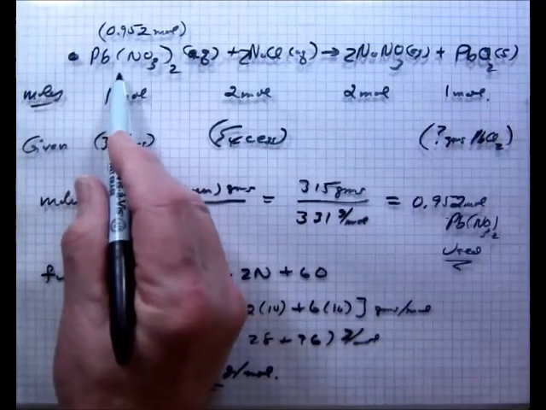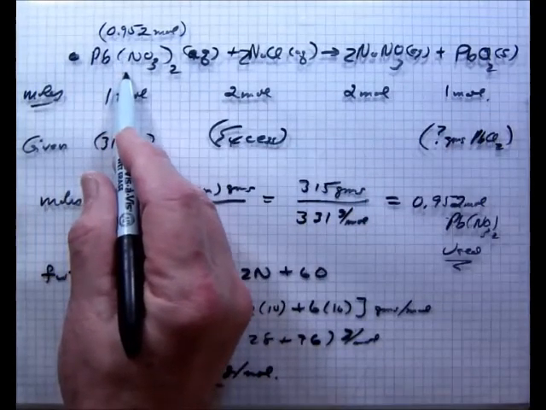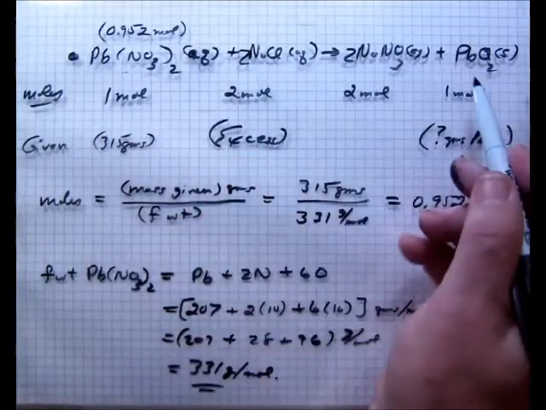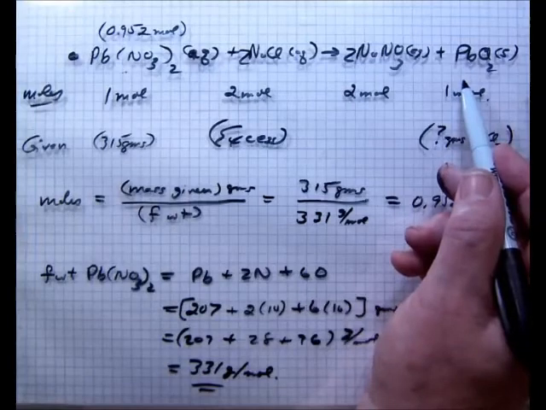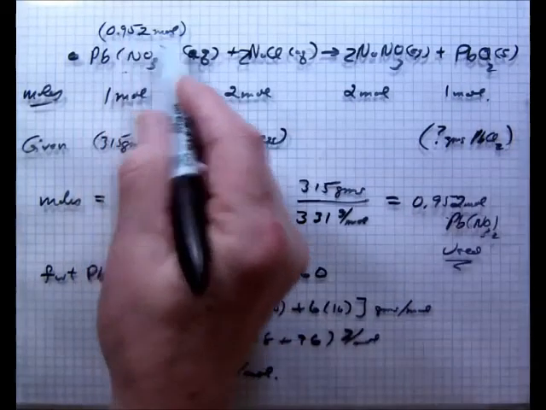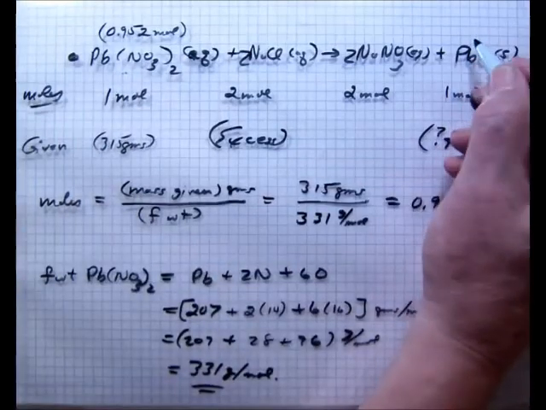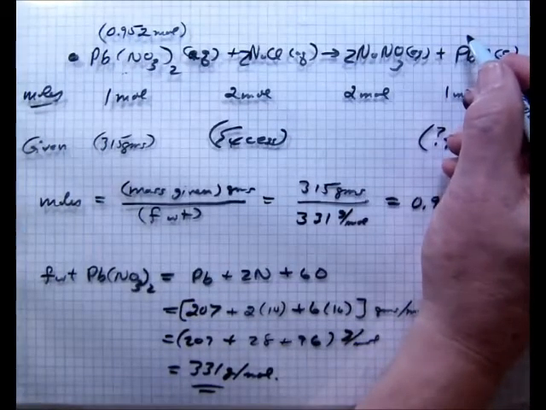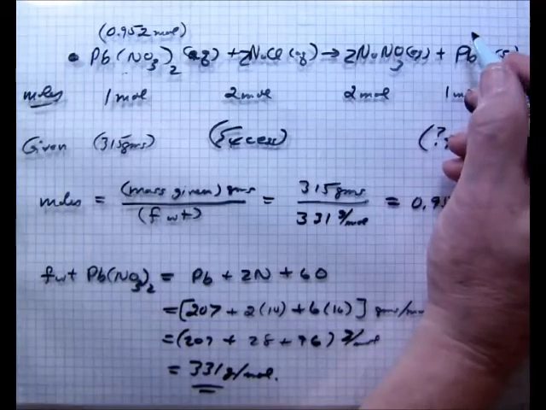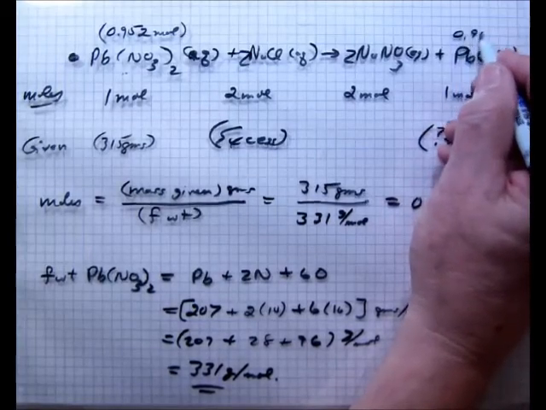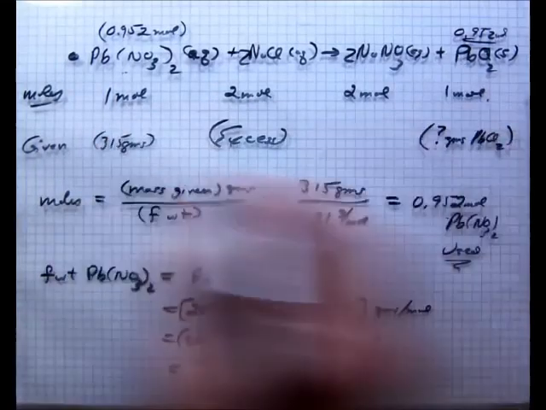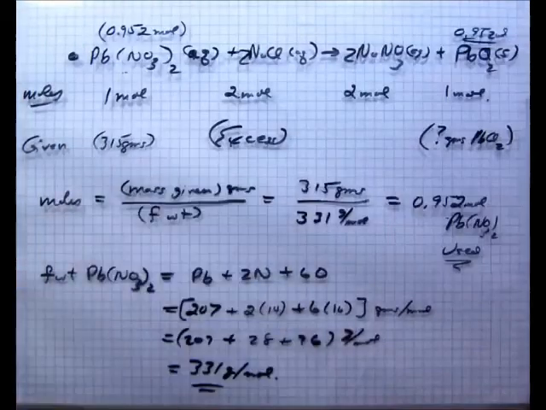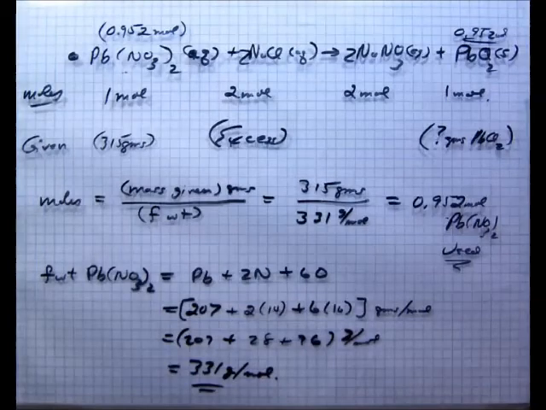Well, if I use 1 mole here in an excess, I'm going to get how much if I use 1 mole? The same amount. So if I use 0.952 mole, how much am I going to get here? Same amount, right? Everybody good? Yes. Okay. 0.952 mole. That's what the equation says. 1 to 1, same, same.